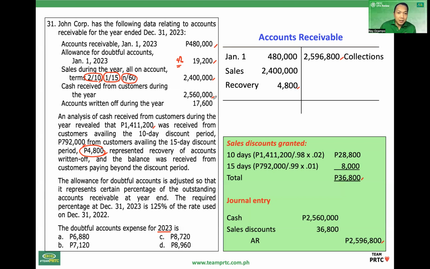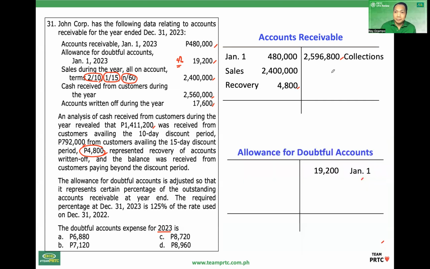And then, accounts written off. Debit allowance for doubtful accounts, credit AR. To record the write-off, debit allowance, credit AR.